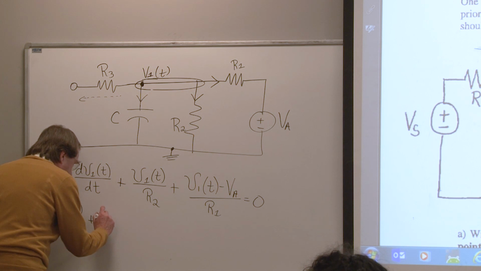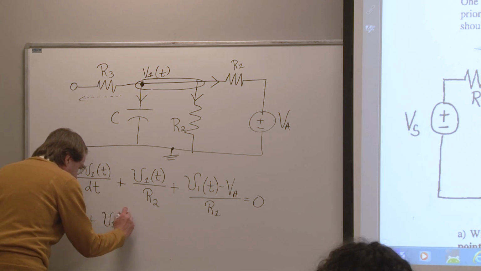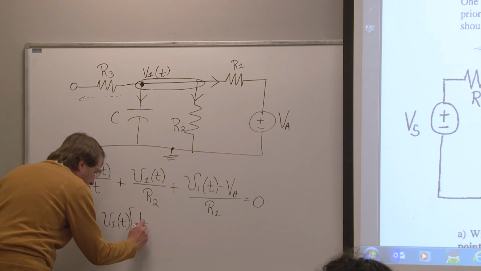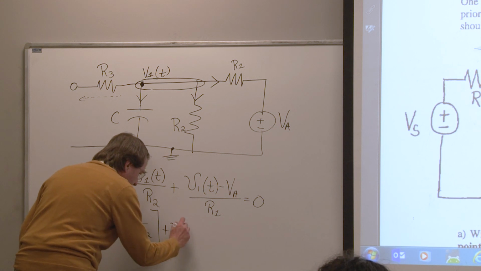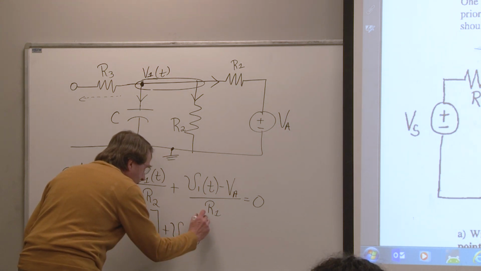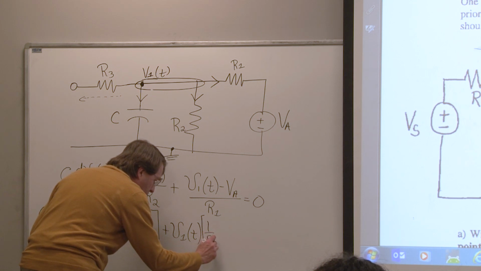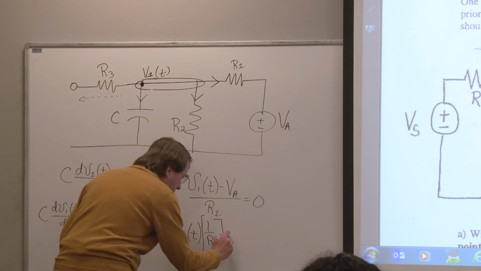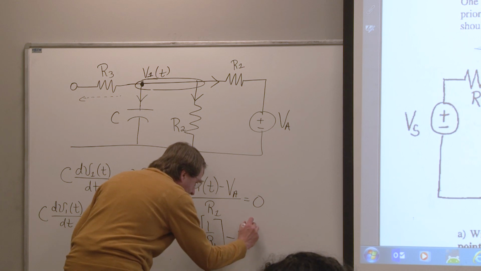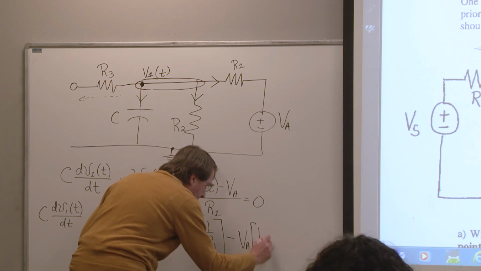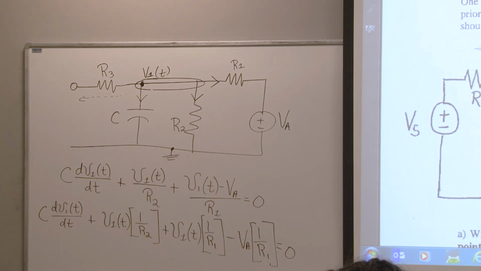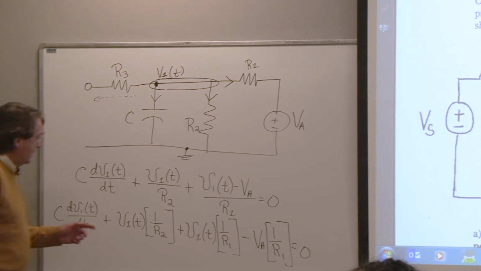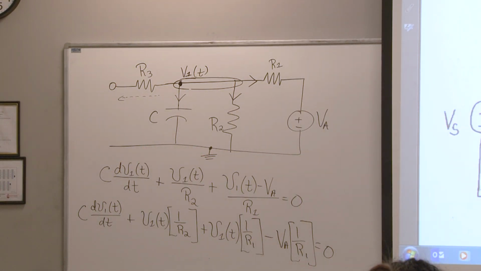This is V1 of t times 1 over R2, okay? And then this is V1 of t times 1 over R1. And then VA times 1 over R1. I really haven't done much here, just broken it down to individual terms. Now, I'm going to run over here to the other side of the board.